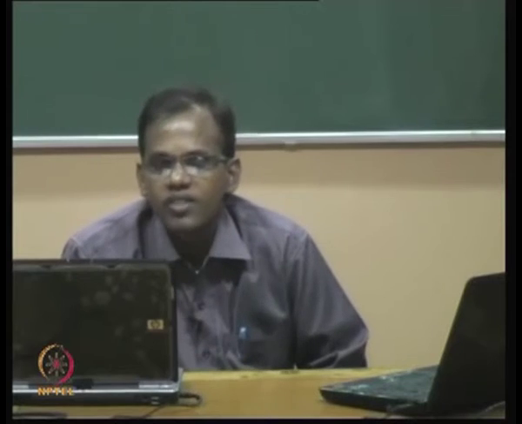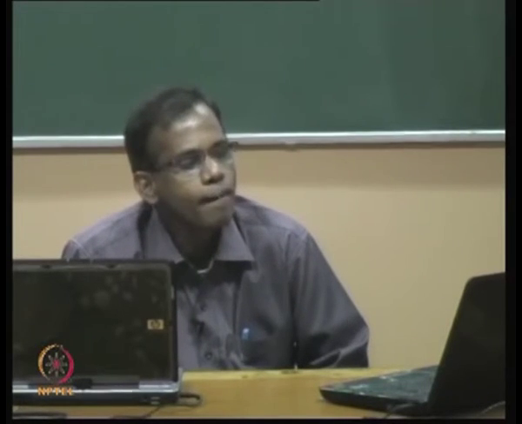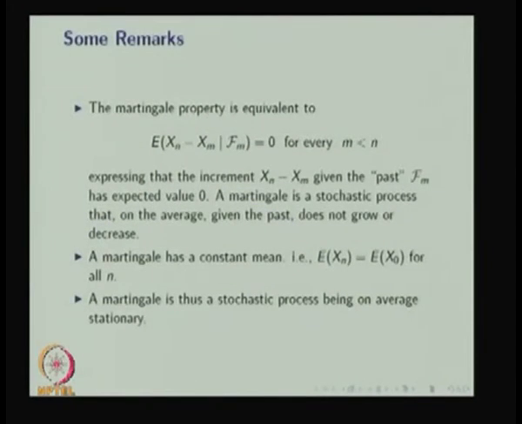Some remarks are as follows. The Martingale property is equivalent to the conditional expectation of X_n minus X_m given the filtration F_m being equal to 0 for every m less than n.